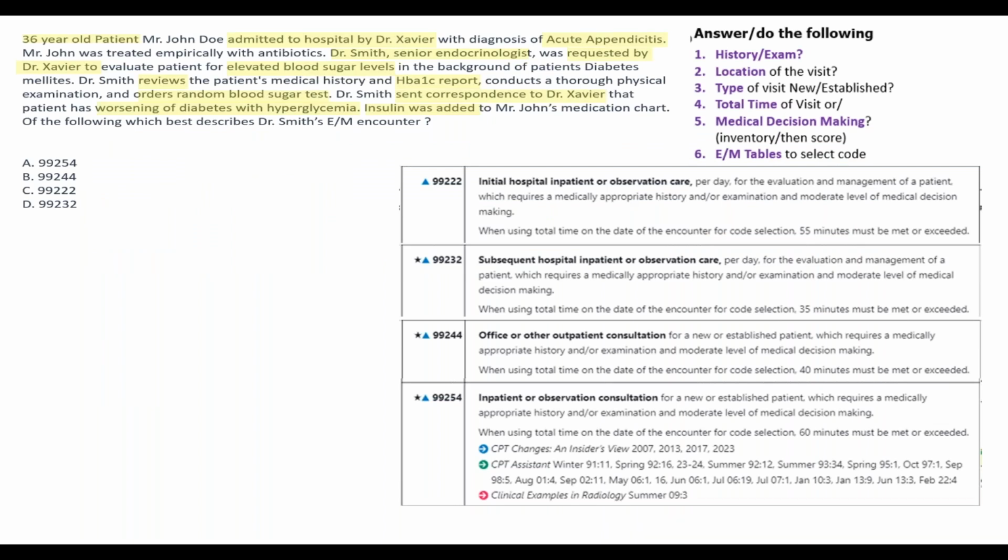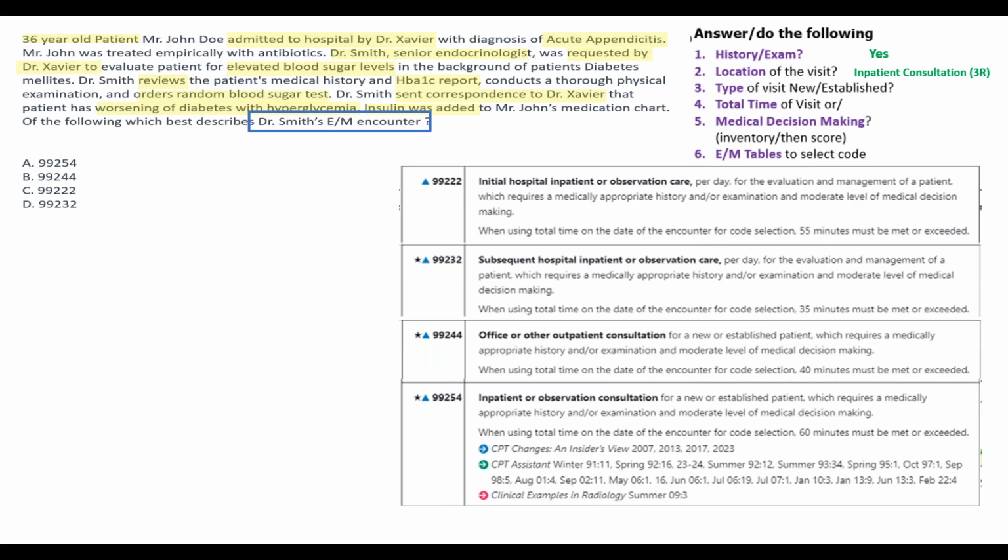So asking the question, is there a medically appropriate history or exam? Yes. And we are coding for Dr. Smith's E&M encounter in the scenario. So, location of the visit: this is an inpatient consultation visit. The three Rs are satisfied in the scenario. There was a request, there was a recommendation or service rendered, and there was a report sent out to Dr. Xavier.